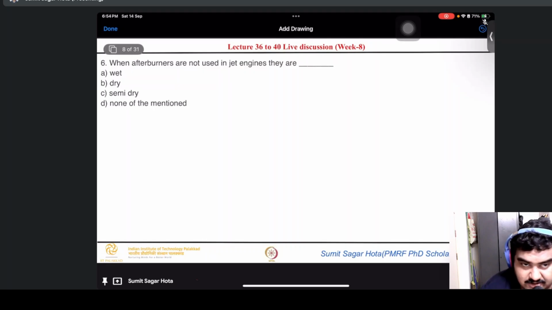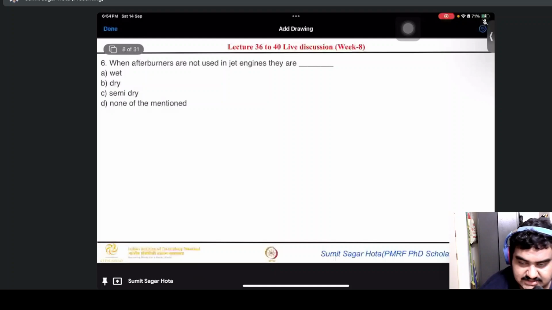When an afterburner is going to be used, the exhaust gases are already dry after the combustion.